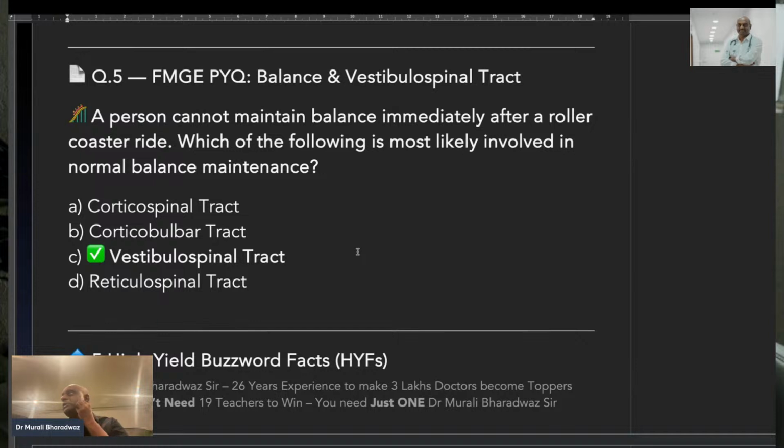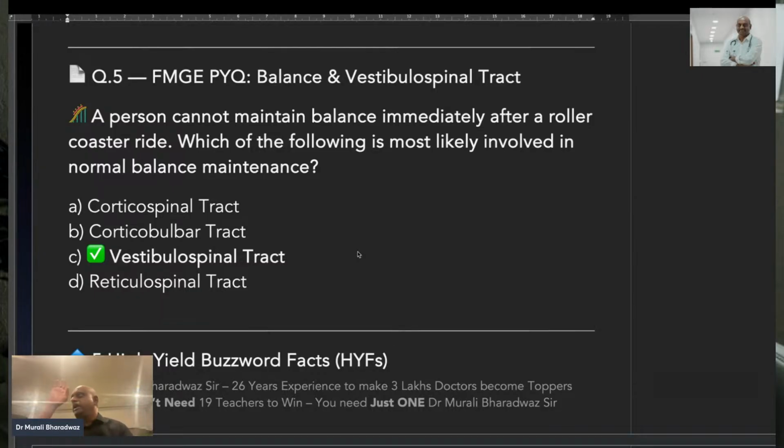You have utricle and saccule, which will be controlling the linear acceleration. So that entire thing is called vestibular apparatus. Cochlear means whatever you are hearing now, that is the cochlear part. So the vestibulospinal tract is the one which will enable you to maintain the normal balance, is what we need to remember. So what is meant by pyramidal tract?